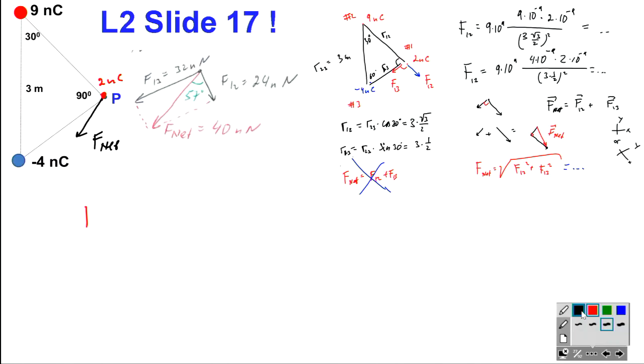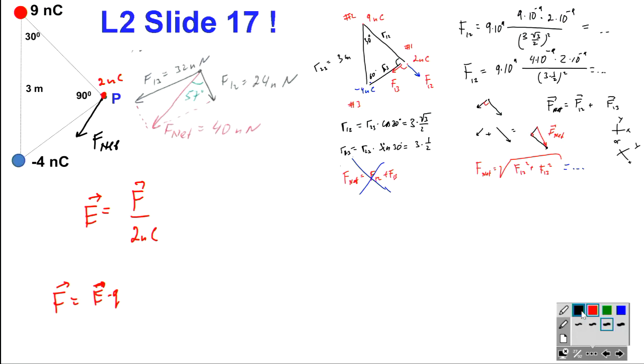Electric field is related to that force and that charge. The force is the result of a combination of the property of a charge and the property of a space where that charge is placed. An electric field is the property of a space.